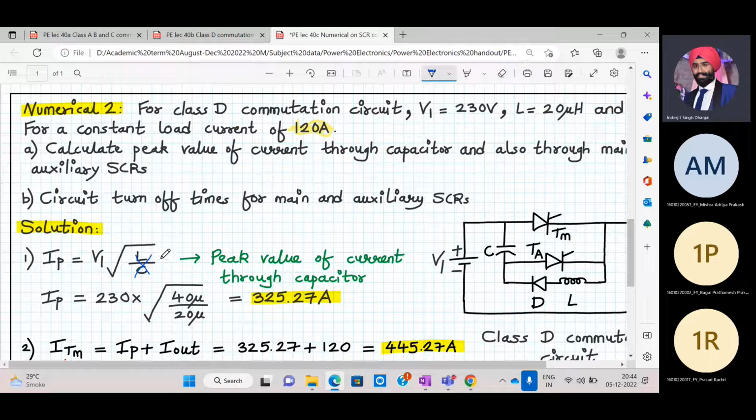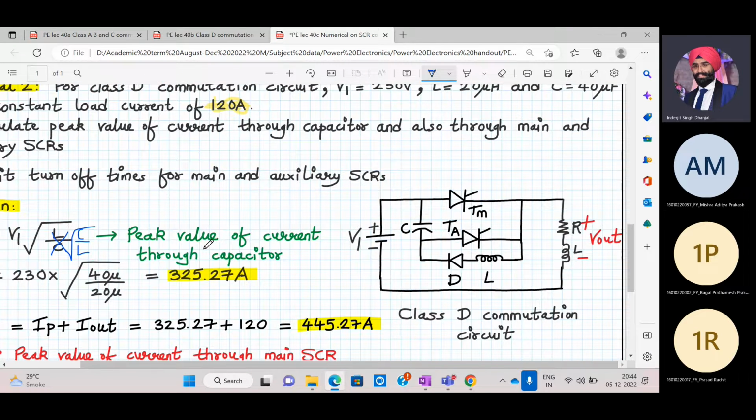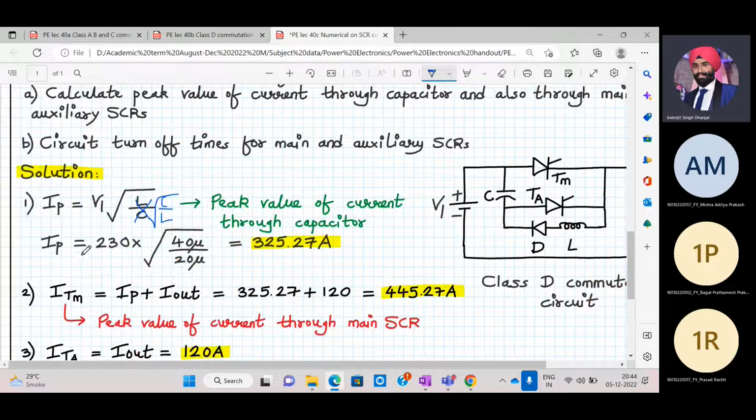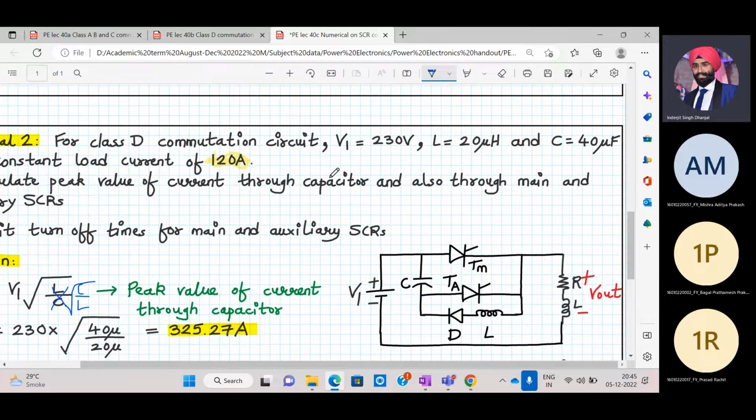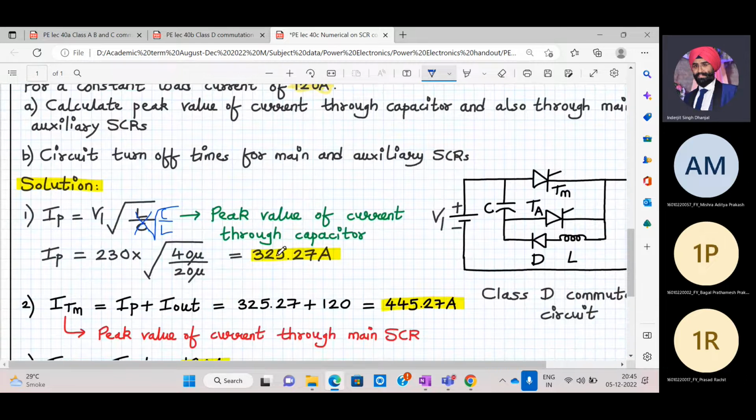Here it will be square root of C divided by L. So square root of C by L will give you the value of the current. So IP will be 230 into square root of 40 micro, where 40 micro is the C value and 20 microhenry is the L value. So you'll get the current as 325.27 amperes once you solve it properly.